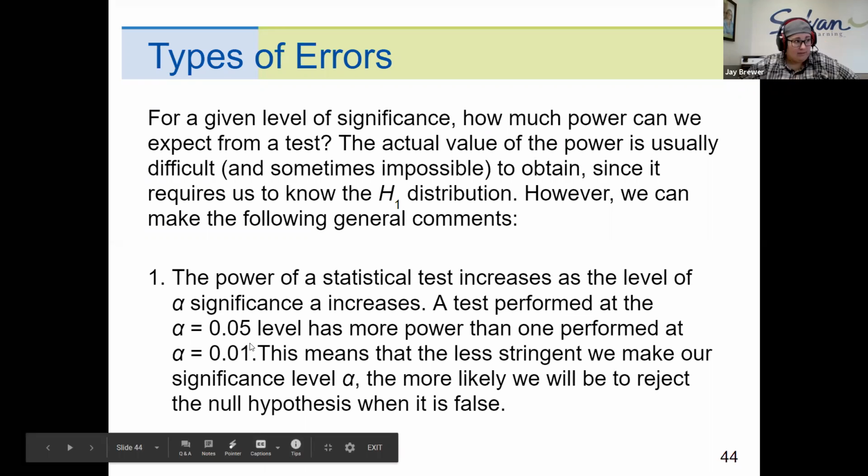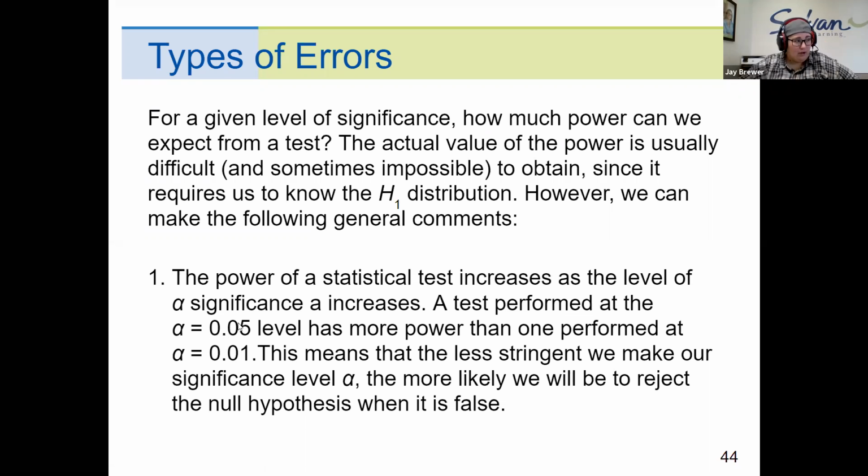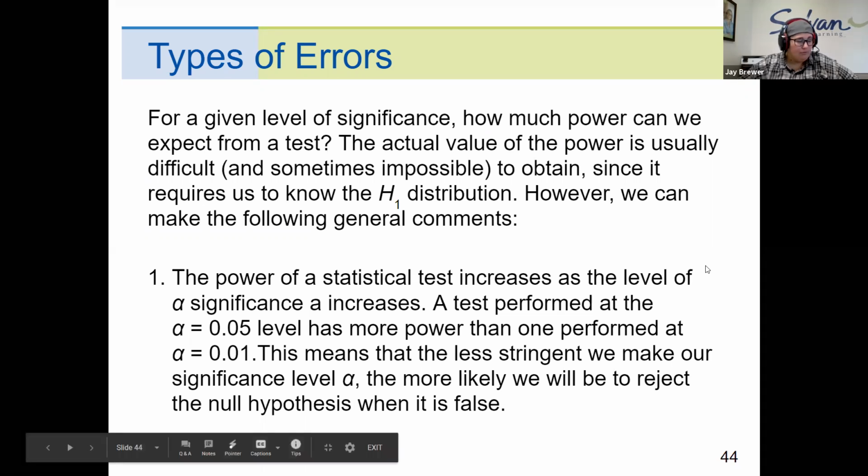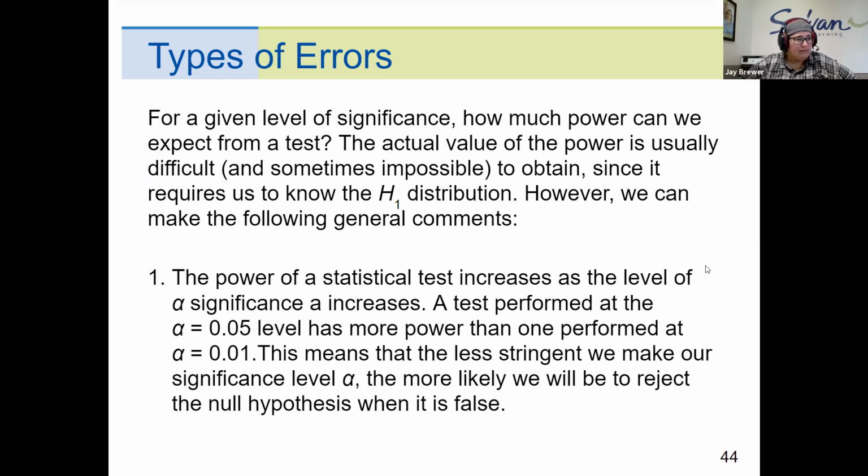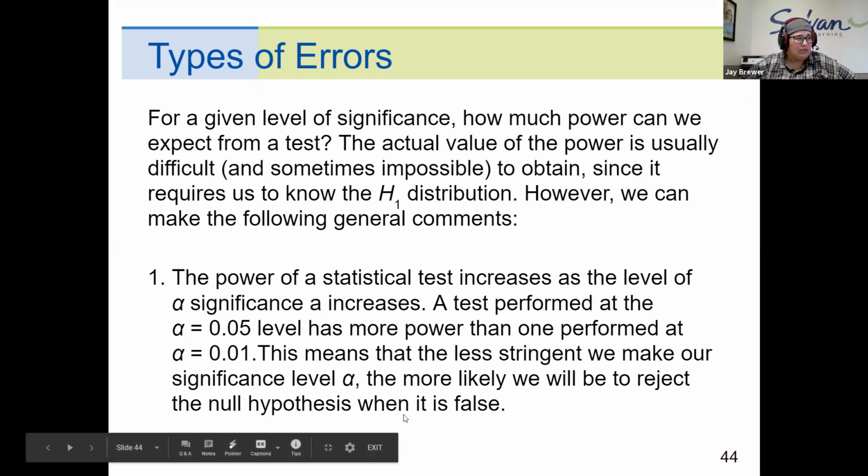The reason for that is because the confidence interval that's related to alpha of 0.05 is 95% confident. That doesn't make sense because then this would be 99%. We'll get to that. We'll figure it out. This means that the less stringent we make our significance level alpha, the more likely we will be to reject the null hypothesis when it is false. Okay.